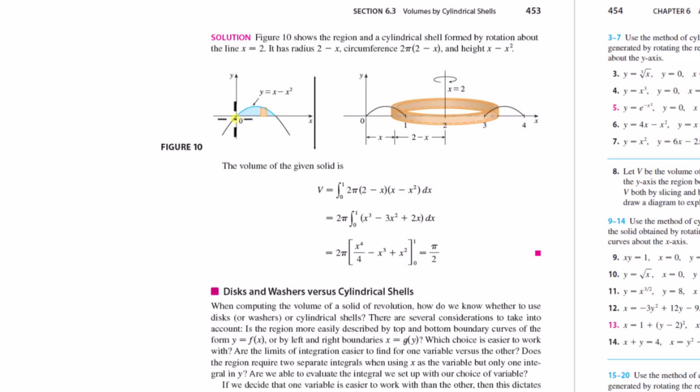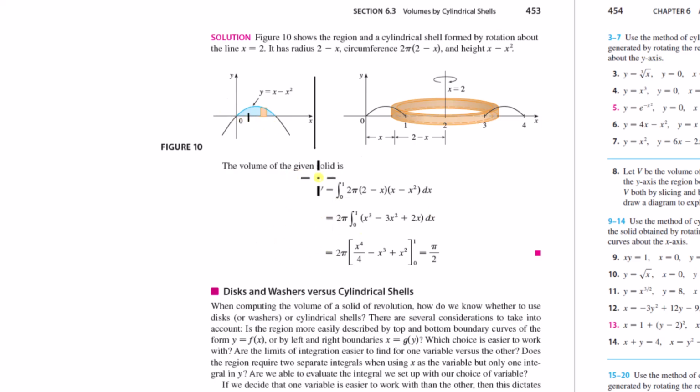And so for any x as you go, you're integrating here, here, here. So for this x value, let's say x is equal to 0.25, what you're putting in there is 2 minus x for the radius. So 2 pi times 2 minus x. And then the height is just x minus x squared. And then delta x, and that's the cylindrical shell. You integrate that from 0 to 1.